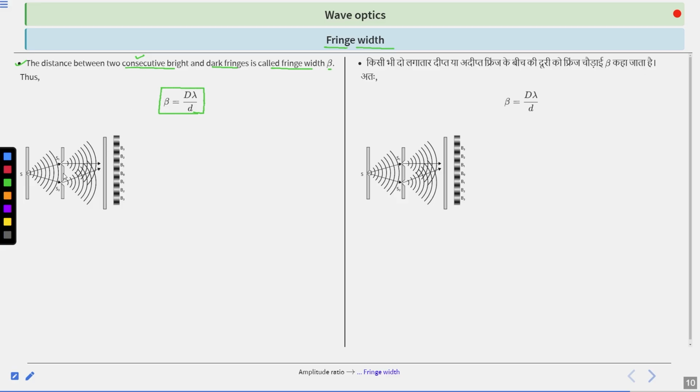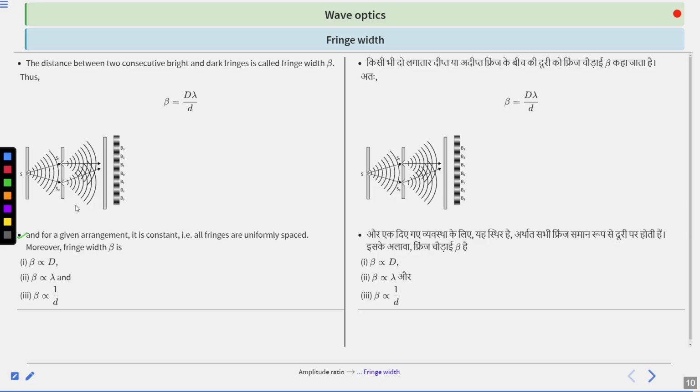When they give minimum intensity, there is destructive interference. Both interferences are important for the exams.